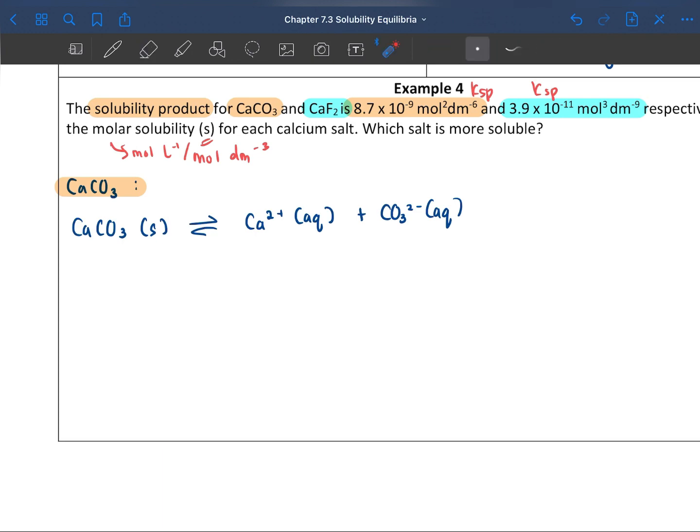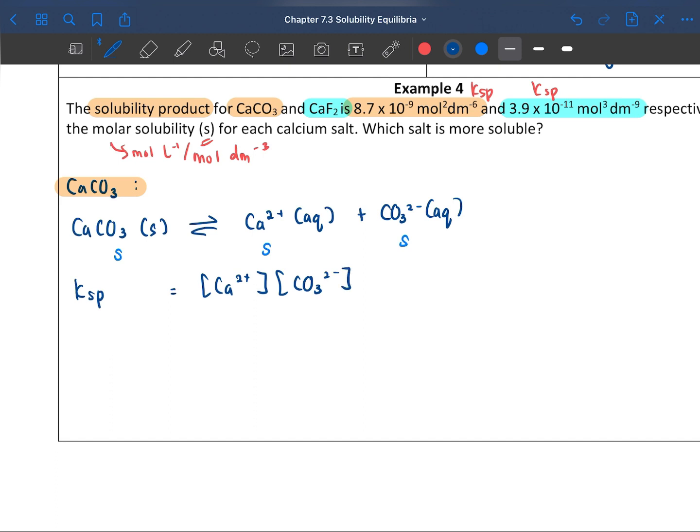Now kita dah ada equation. So what we need to do adalah tulis S ikut stoichiometry dia, and then KSP equal to concentration Ca2+ times concentration CO3 2- to the power of 1.